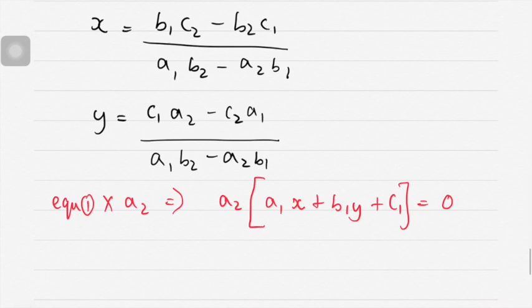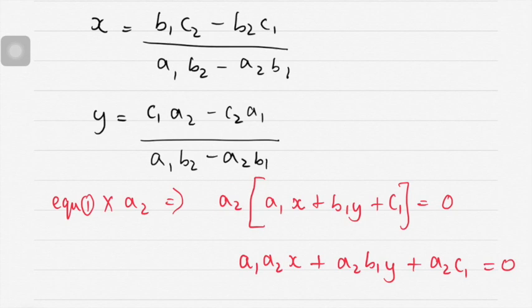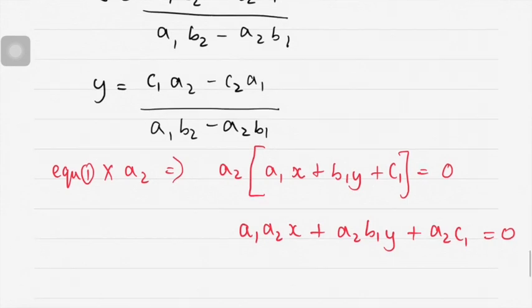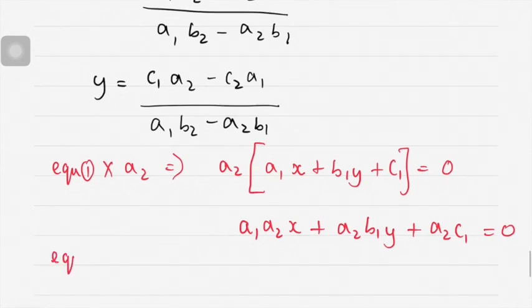Now I open the bracket: a1 into a2 into x plus a2 into b1 into y plus a2c1 is equal to 0, correct?